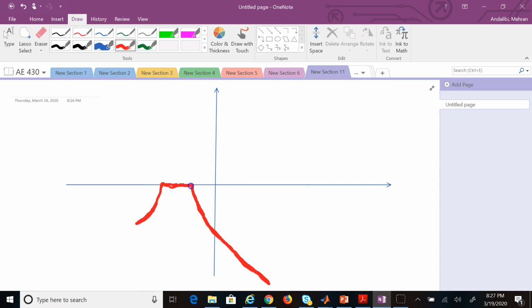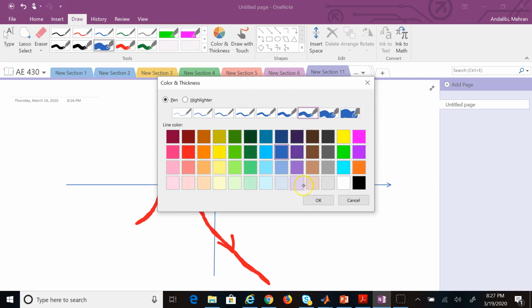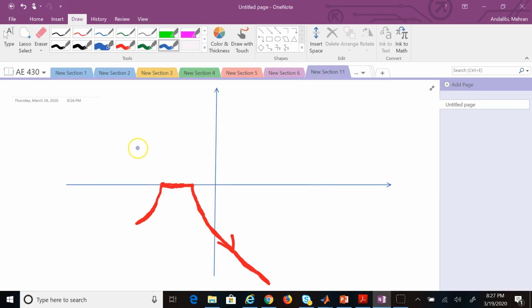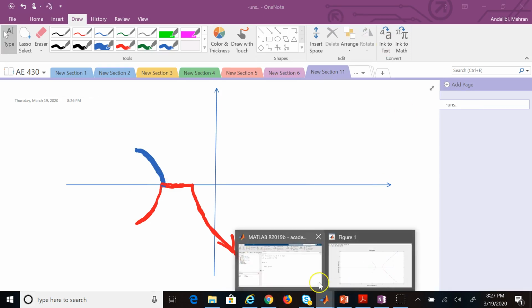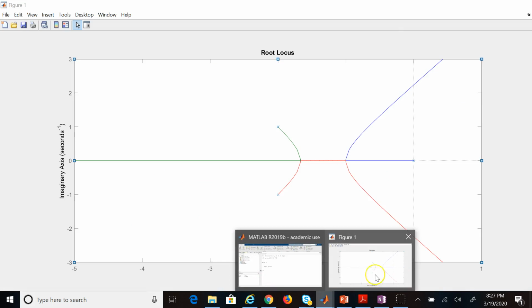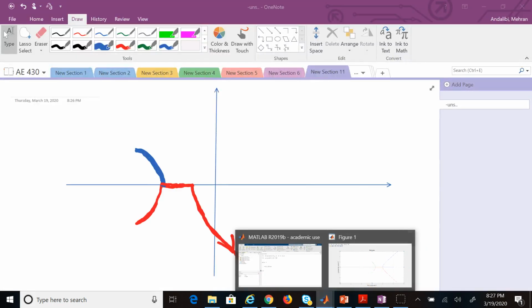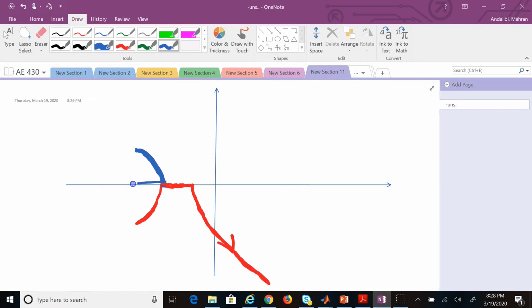The other one comes from a corresponding point up here, and goes all the way back to negative infinity.